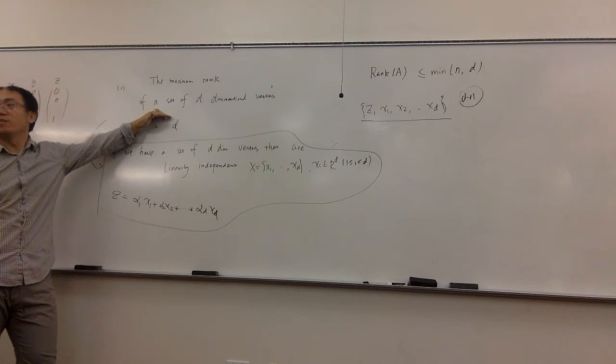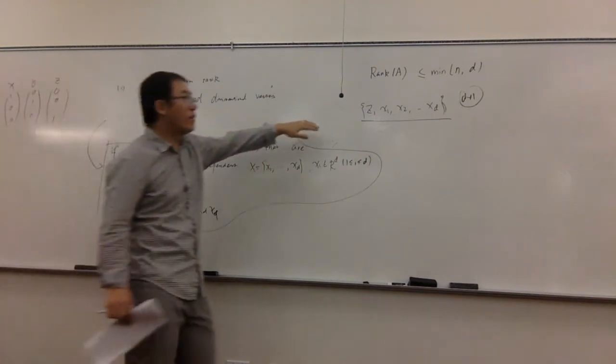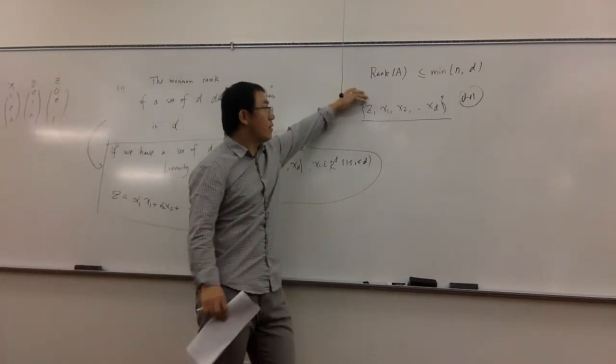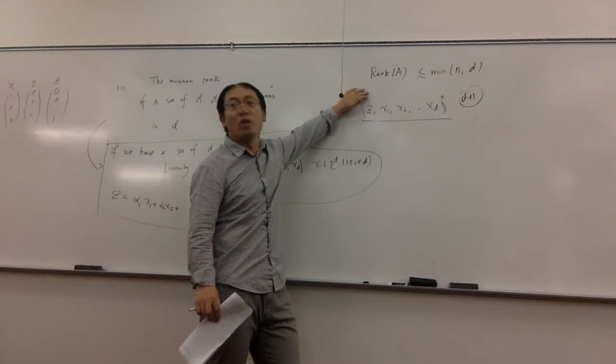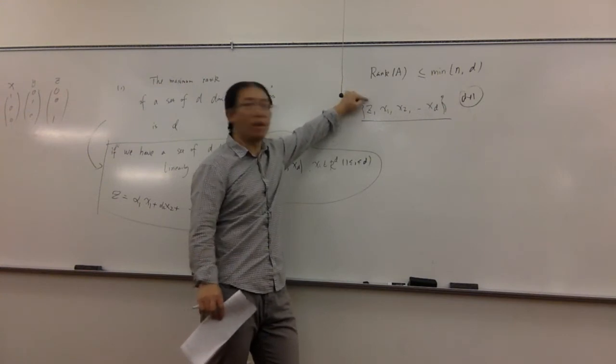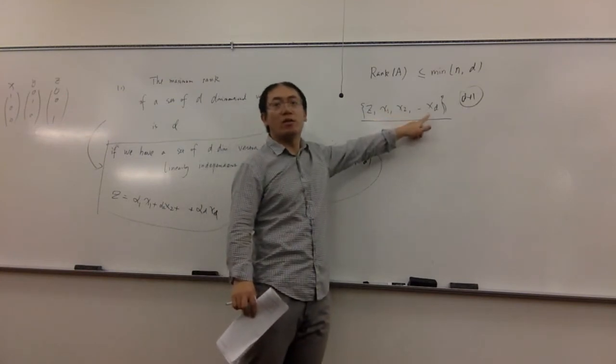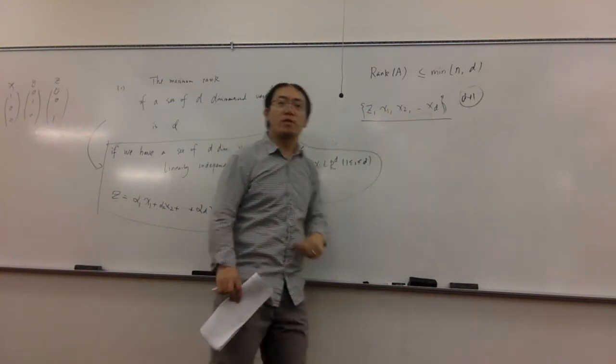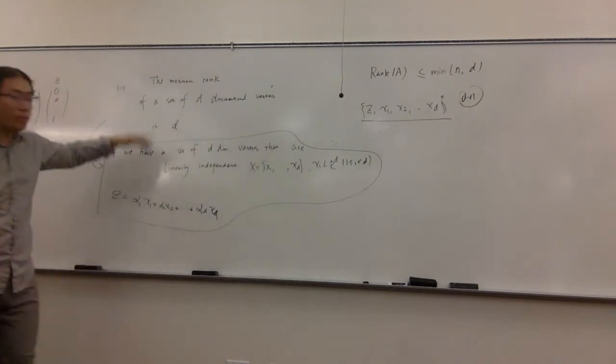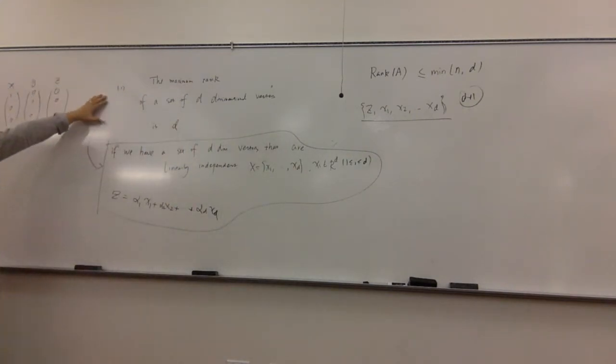That means our assumption does not hold. So z must be expressed by a linear combination of x1, x2 to xd. So it's a simple, straightforward derivation from this theorem.